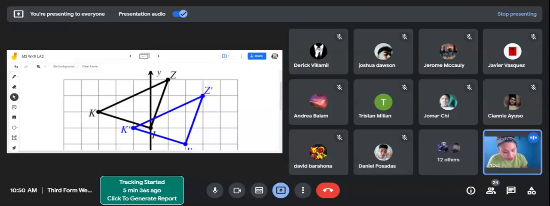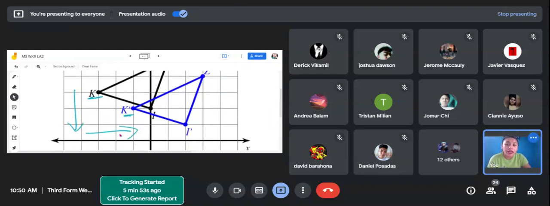You have to understand what is happening. If we look at K and K1, to reach K1 from K, I had to move down and then move to the right. Everybody sees that? How many spaces did I have to move down? One space.